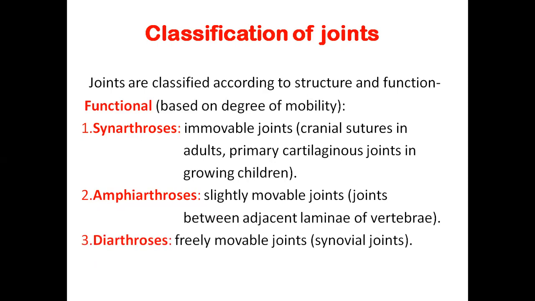The third type of the joint, according to the functional classification, is the diarthrosis. These joints are freely movable joints. A wide range of movement is seen, and these joints are called the synovial joints.